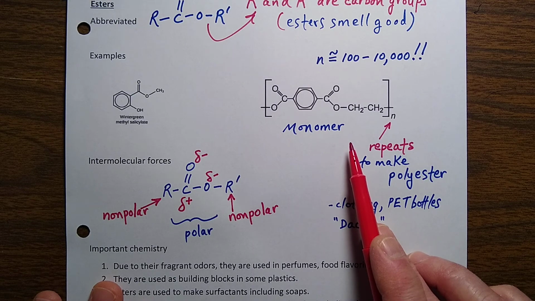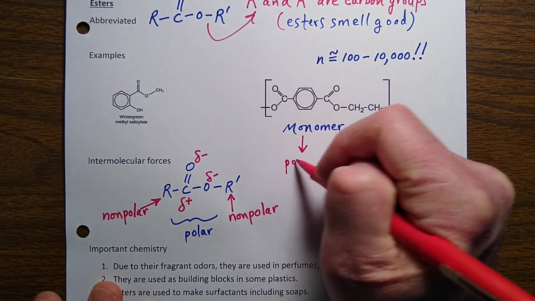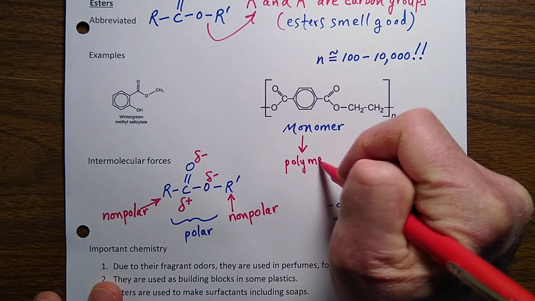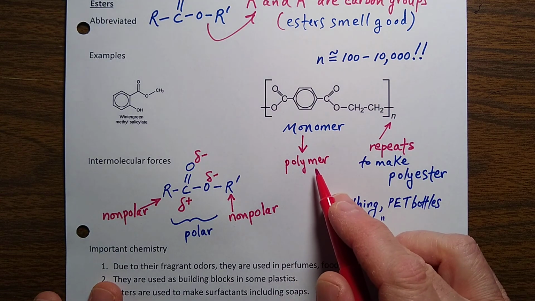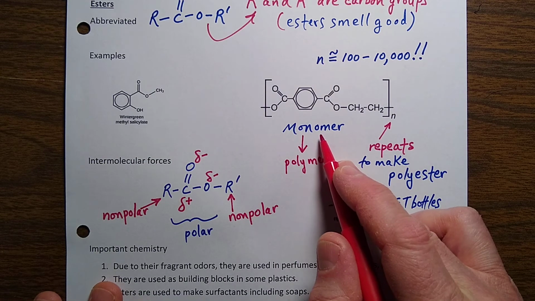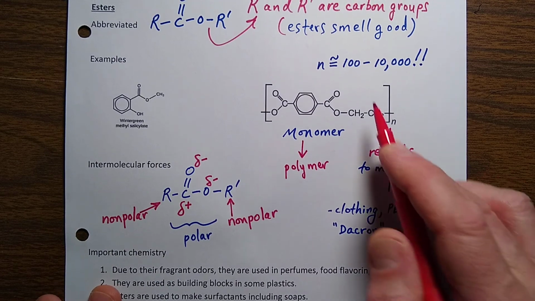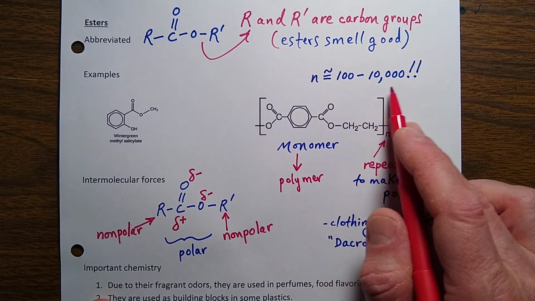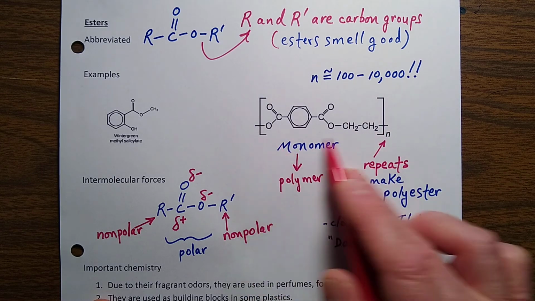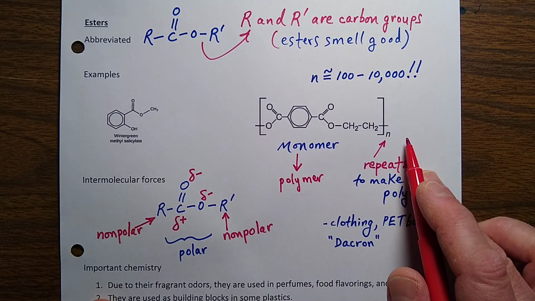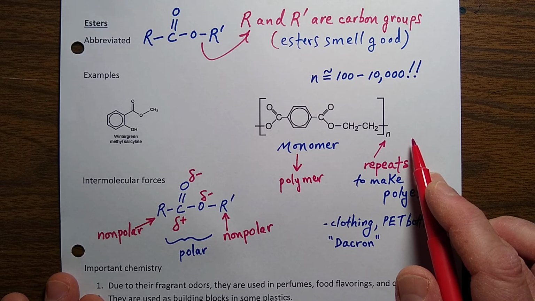But polymer is a word, P-O-L-Y-M-E-R. The prefix poly means many things. And so you take a monomer, which is the building block of a polymer, and you repeat it anywhere from 100 to as many as 10,000 times. It's almost impossible to tell, even with all our technology, how long these chains are, because they are so intertwined on a microscopic level.